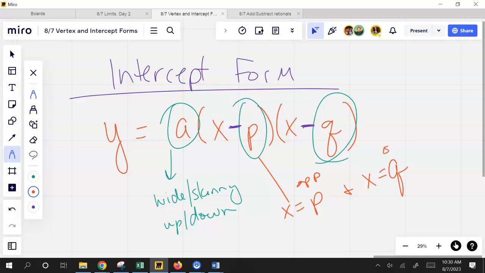Opposite, opposite. Those are my intercepts. We will spend the whole rest of this chapter learning about why and how to find them, but for right now, all you need to know is those are your x-intercepts. Opposite signs there for both of them.